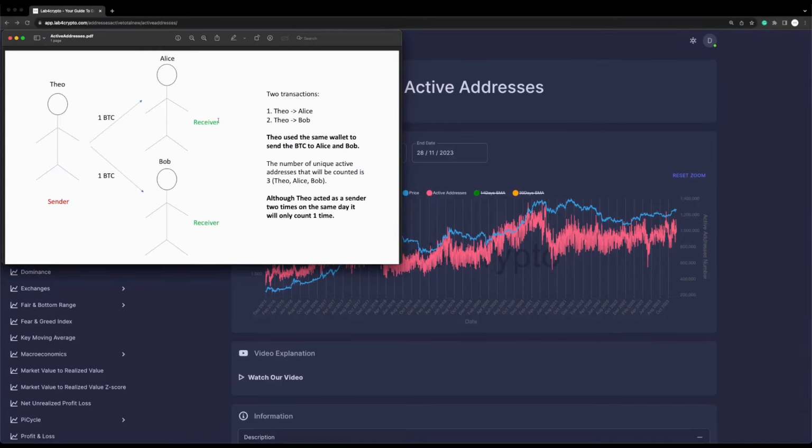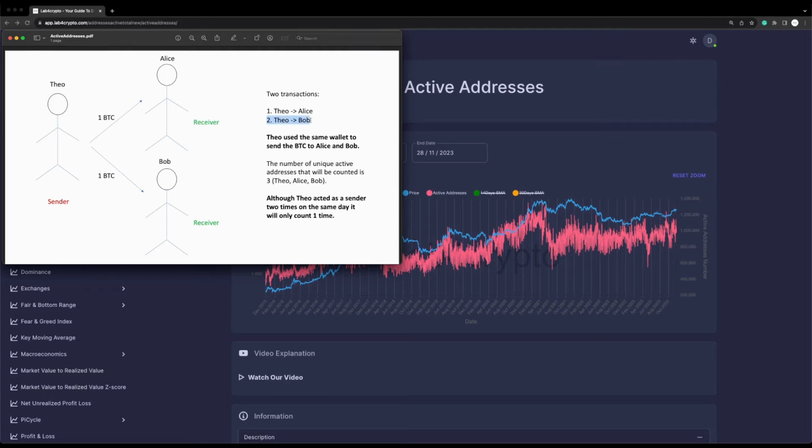Imagine a scenario in which Theo is going to send some Bitcoin to Alice and Bob on the same day. When the first transaction is completed successfully and Alice was able to receive Theo's 1 Bitcoin, the number of unique active addresses that is going to be added into the Bitcoin blockchain is 2, because we count the sender and the receiver.